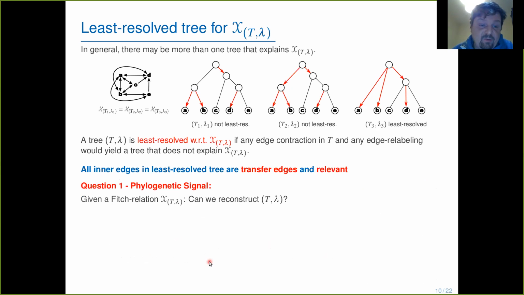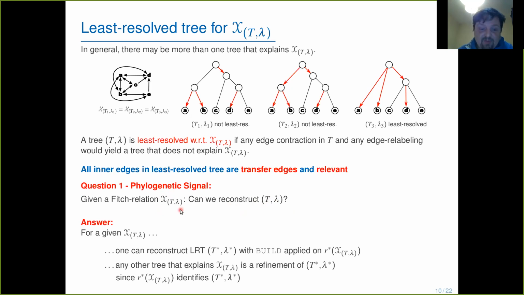Okay, so back to our question, the phylogenetic signal. Can we reconstruct the original tree for a given Fitch relation? And the answer is yes, to some extent, right? We can construct for a given relation this least resolved tree with our build algorithm relying on the informative triples.